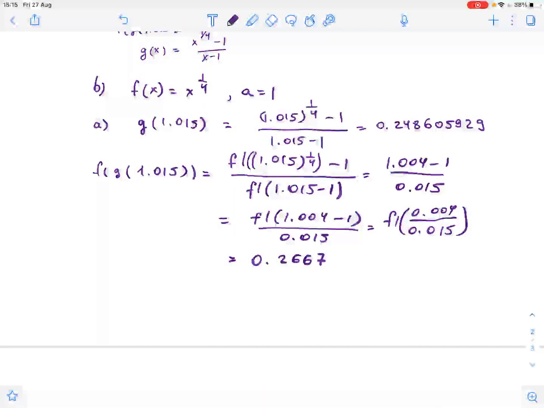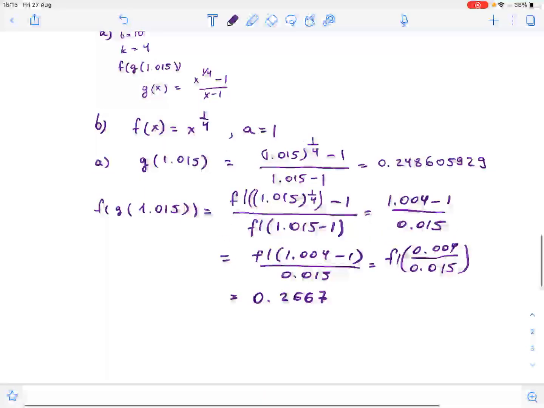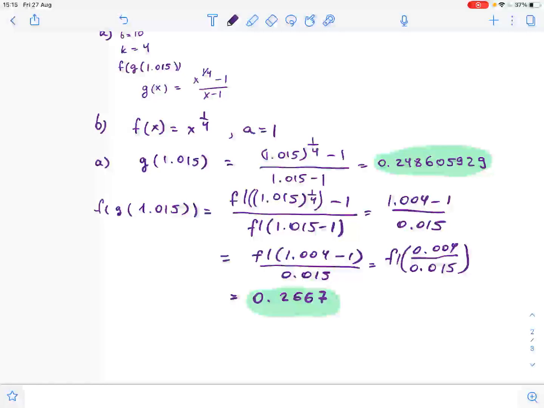So the exact value of g of x is right here, I won't read it again. But the floating point value is 0.2667.